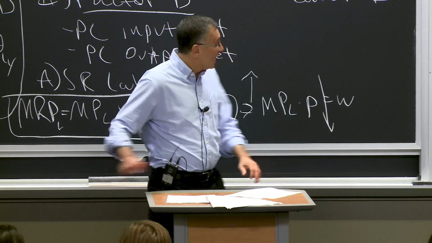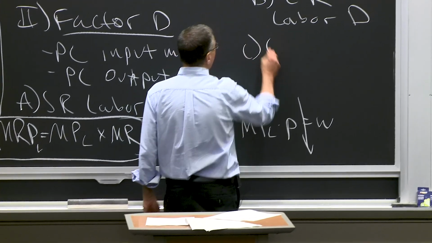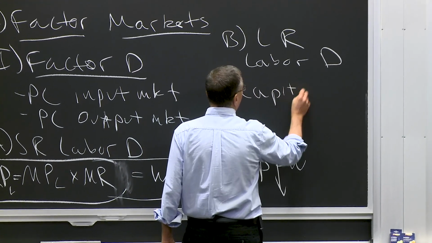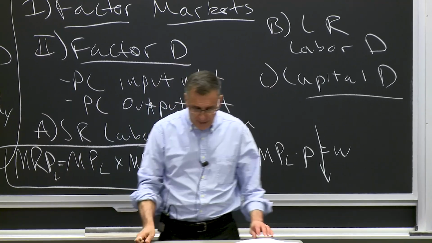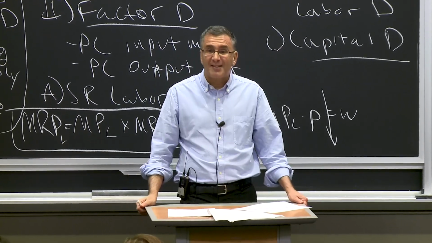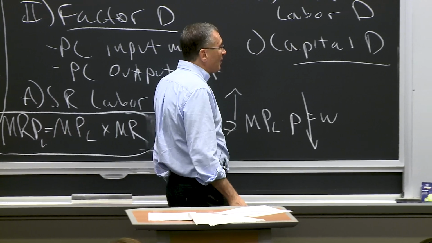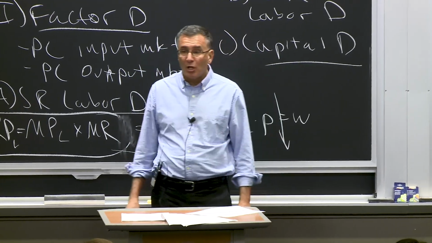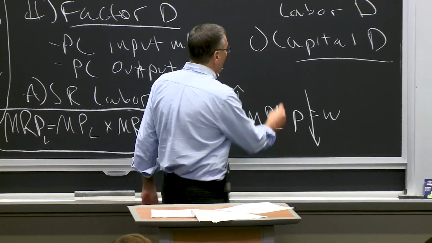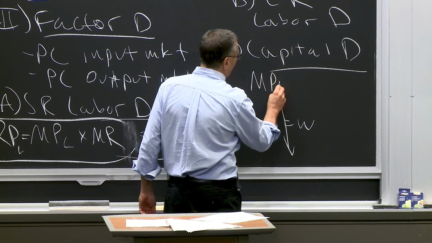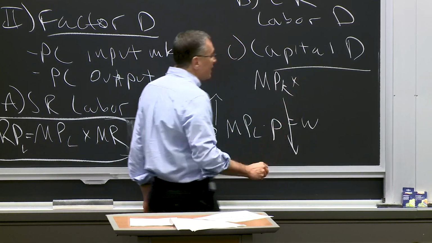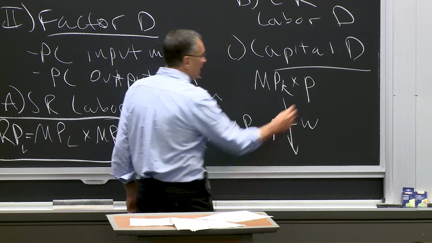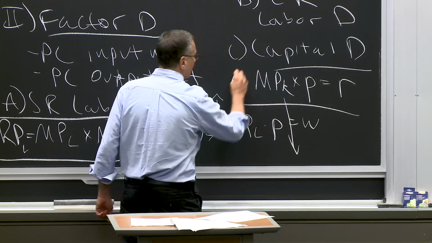Now, last thing I want to talk about here is capital demand. We talked about short run and long run labor demand. Let's talk about capital demand. It's basically the same thing, the exact same intuition. You want to get machines until the marginal product of capital, the marginal product of the next machine, times the price you get for your good equals the interest rate.